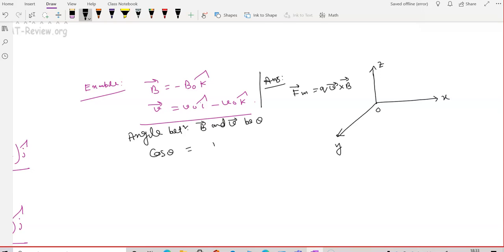Then for cos theta, how can you find? B dot V by mod B mod V. B dot V is how much?